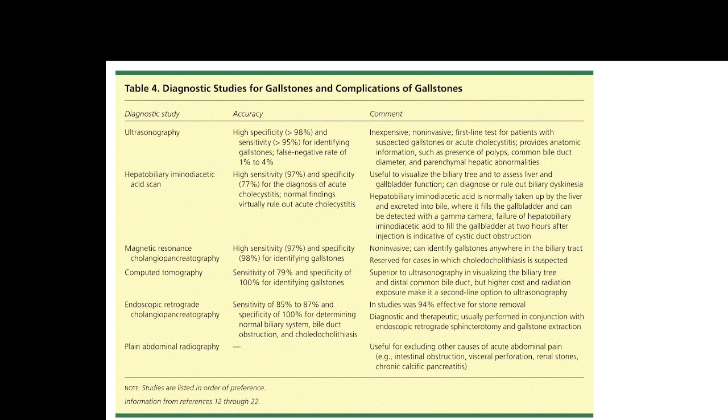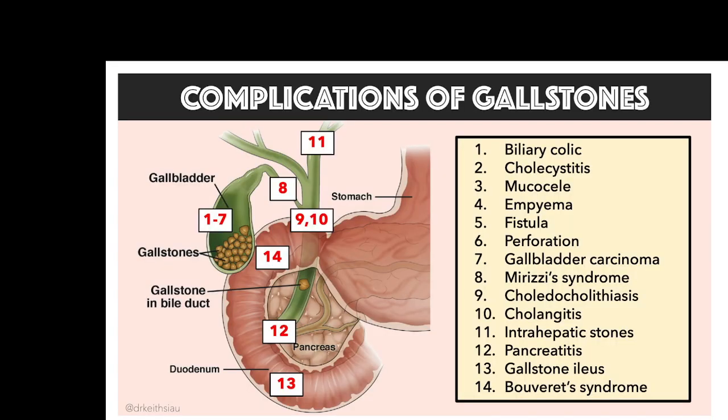So it's not done routinely to make the diagnosis, but once you have a confirmed diagnosis of gallstones, and if there is a suspicion of biliary obstruction, ERCP is the other tool. Abdominal X-ray has very little use as such.